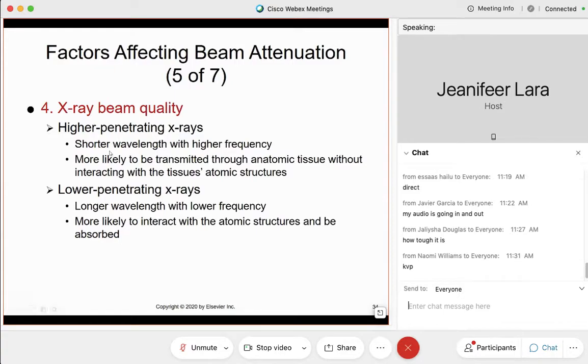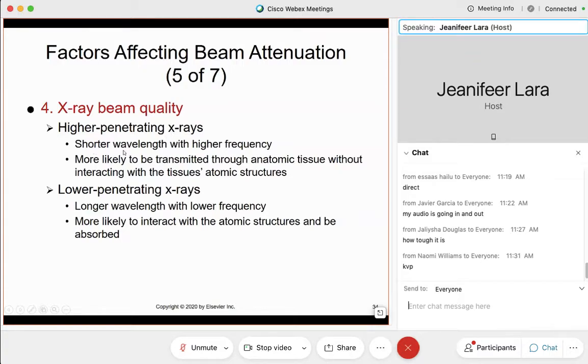We're going to look at waves to determine their wavelength versus their frequency. Describing the wave, shorter and higher frequency, longer and lower frequency, will be a characteristic of what type of beam quality you're talking about.